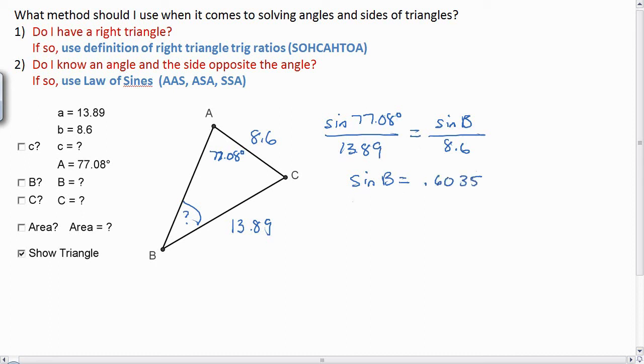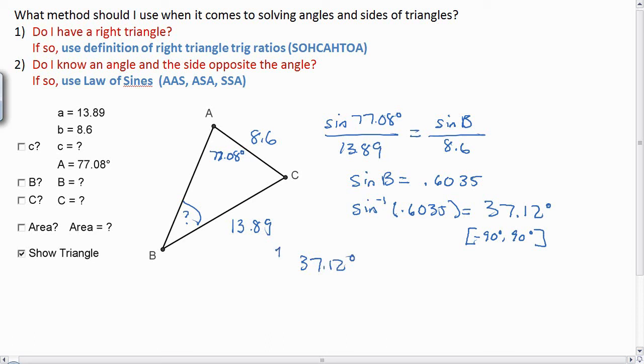0.6035. If we type it into our calculator as sine inverse of 0.6035, we get a specific angle of 37.12 degrees. But remember, this answer only goes from negative 90 degrees to 90 degrees, and so there is potentially another angle that could work.